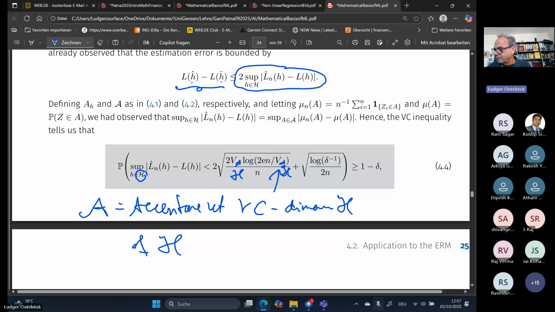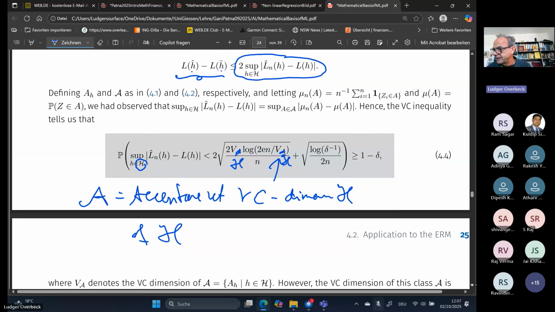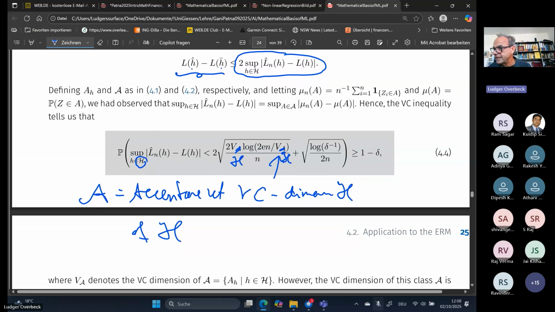So this is basically independent of P, for every P you have this. The VC dimension does not depend on P. As a probabilist, or an old-fashioned probabilist, that's what's called a uniform large deviation result.